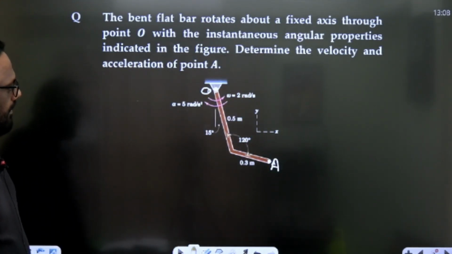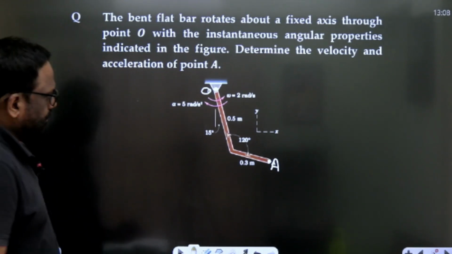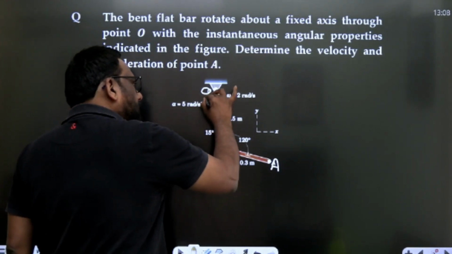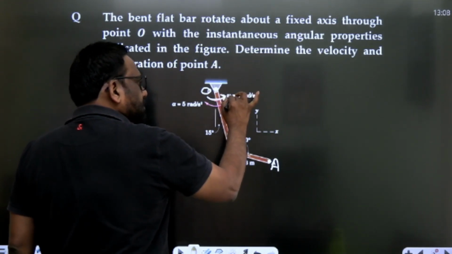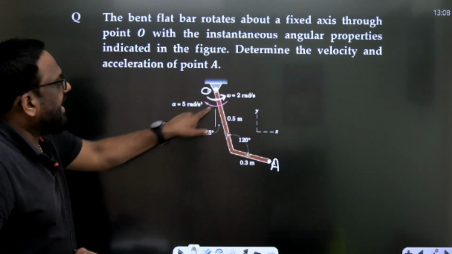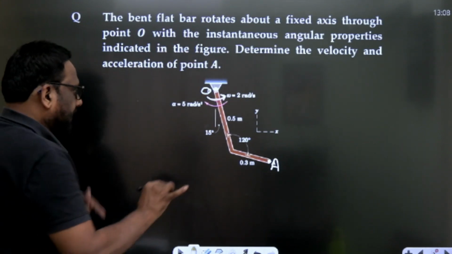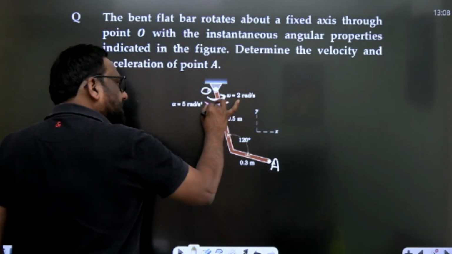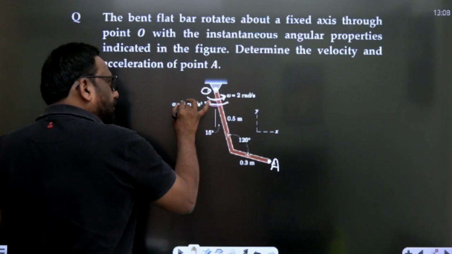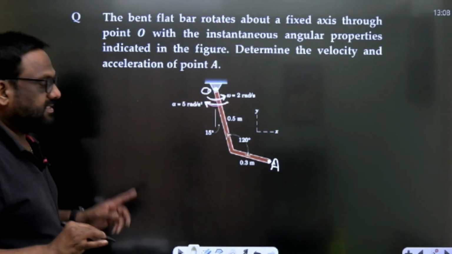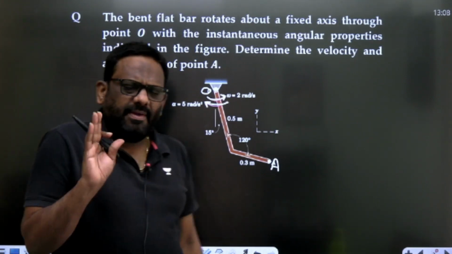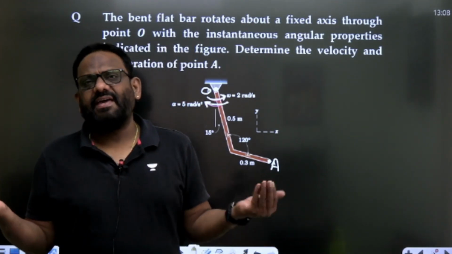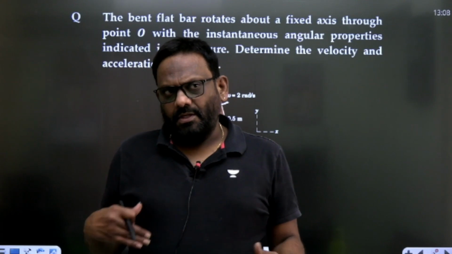Let me redraw, my dear students. The angular velocity omega is given as 2 radian per second in the anti-clockwise direction, and the angular acceleration is 5 radian per second square, but it is in the clockwise direction. You may be wondering, sir, this is a simple question, why have you given this question?